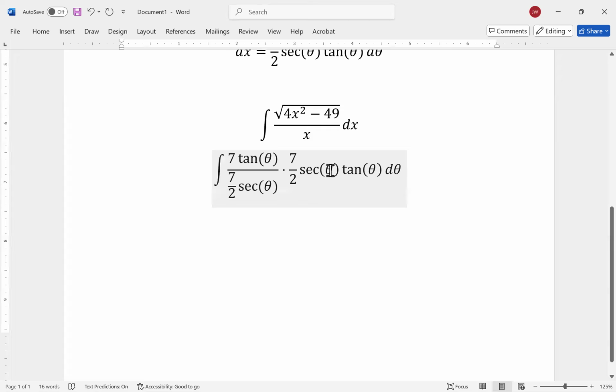Secant theta cancels out with one of the secant thetas. Well, secant thetas both cancel out. And I'm just going to get 7 times tangent times tangent. So we're going to get integrating 7 times tangent squared of theta. Tangent times tangent, tangent squared.